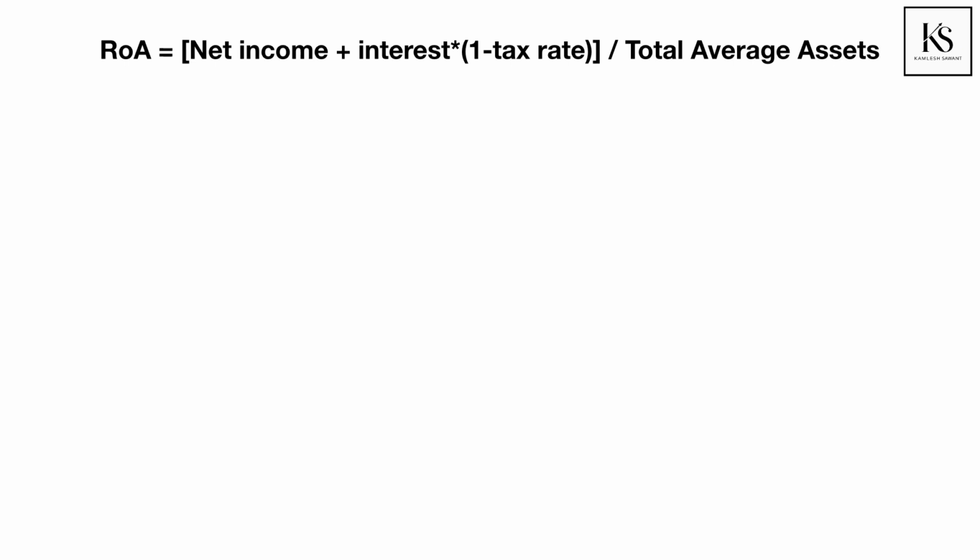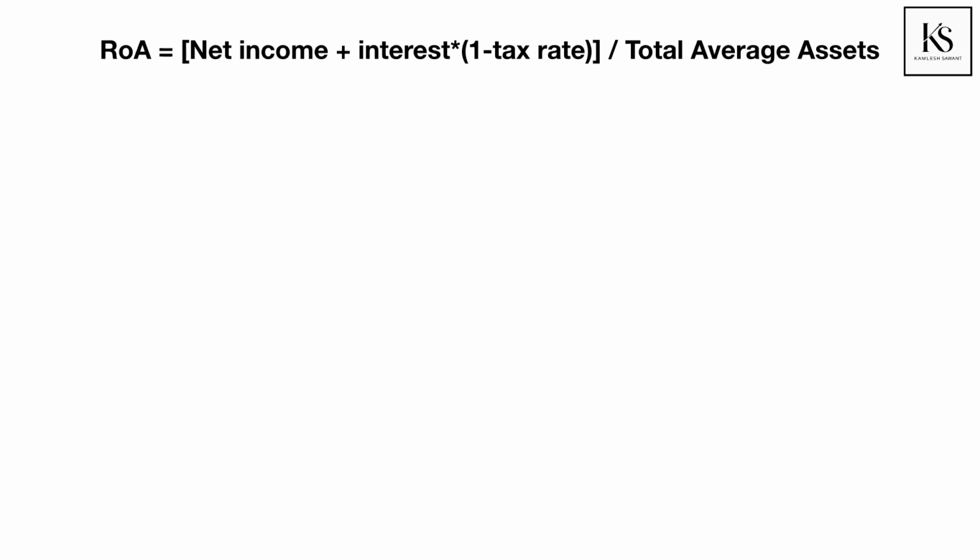ROA is equal to net income plus interest into 1 minus tax rate divided by total average assets. From the annual report, we know net income for FY14 is 367.4 crores, and we know from the DuPont model the total average asset is 1955 crores.